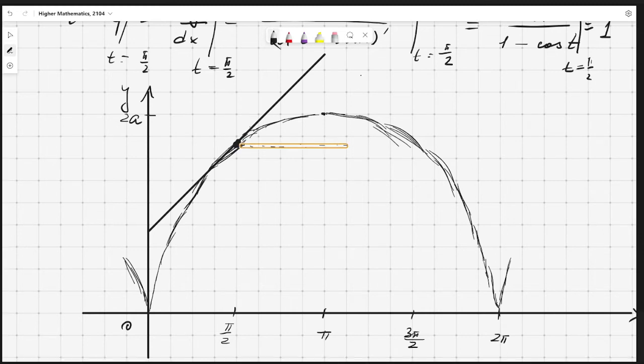Here we have angle phi, and this phi is pi over 4. Tangent of phi equals 1.